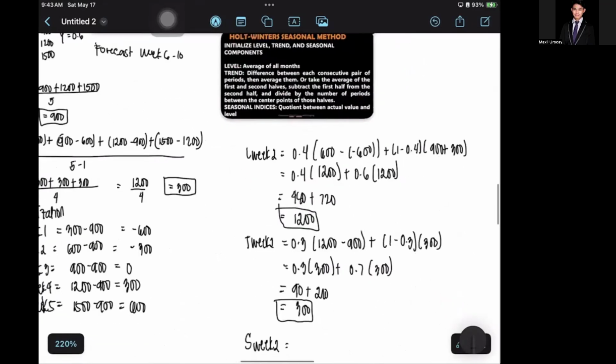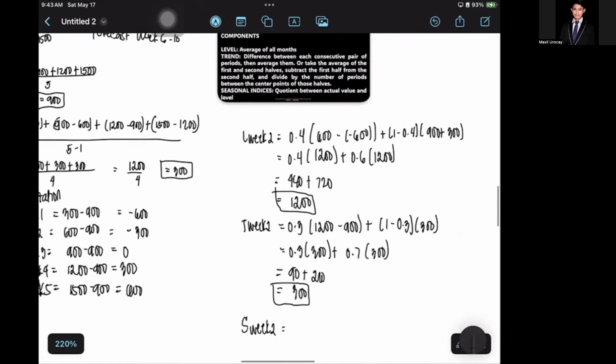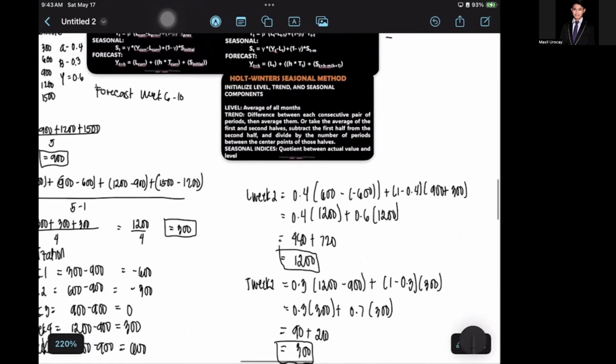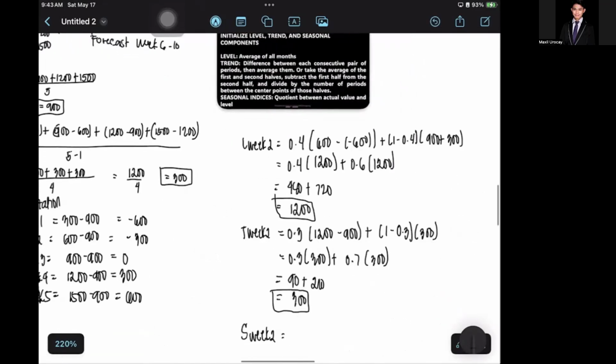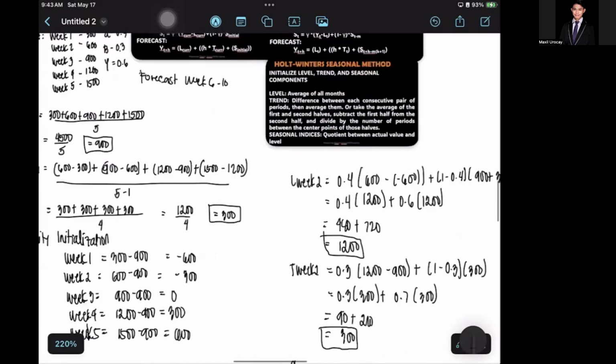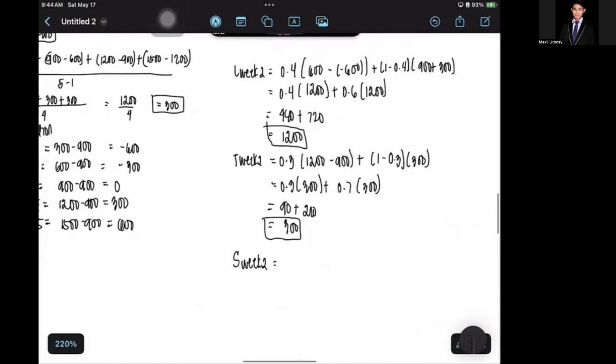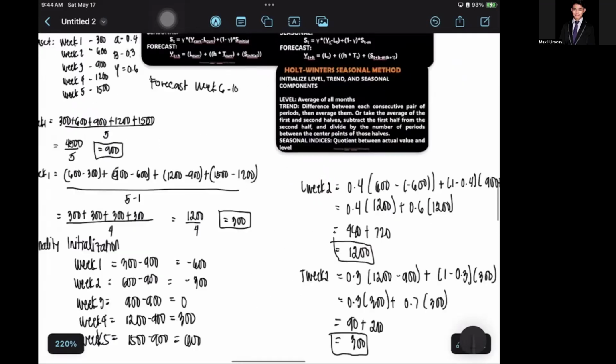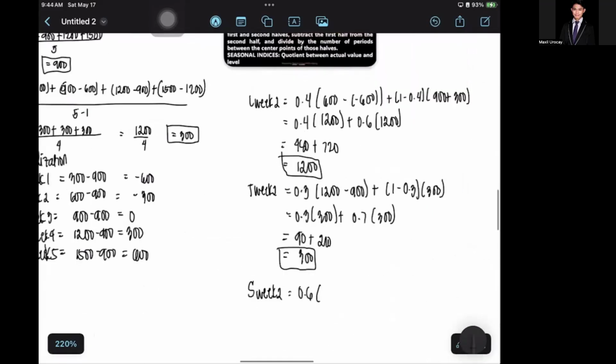When we say st minus m, that is the previous seasonality. Okay. So your gamma is 0.6. Then times the y of t. What is the y of t? That is 600, the current data. Then 600 minus the current level. The level that you do have right now is 1,200.